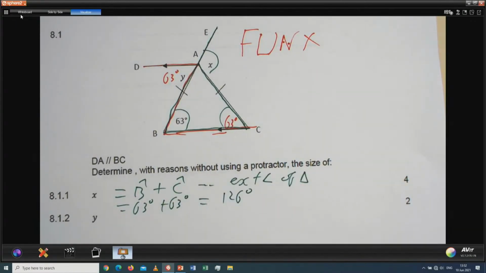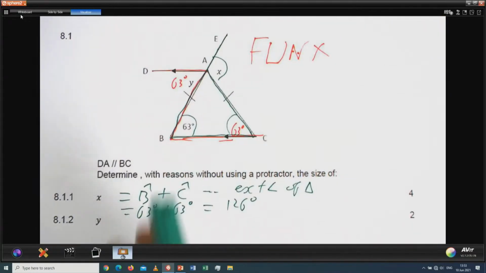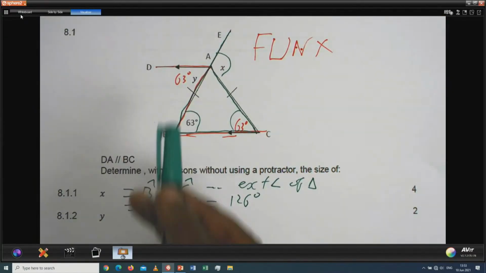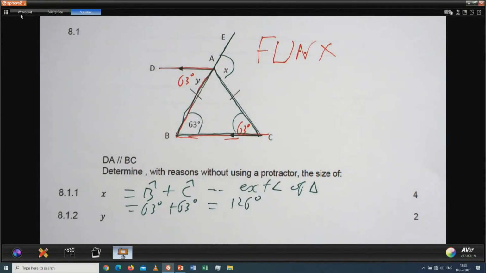Properties. And then we look at Y. Where is Y? Here it's Y. What is the relationship there? There are parallel lines where Y is.